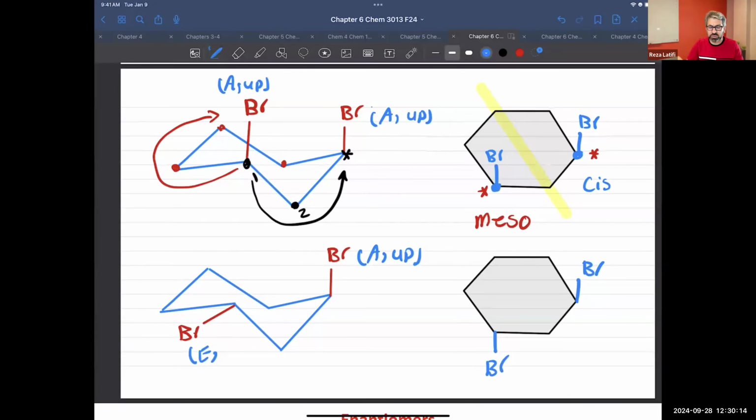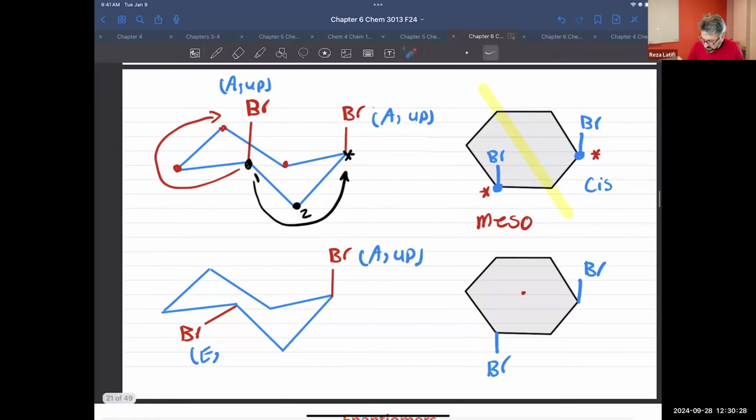Can I find a plane of symmetry? No, there is no plane of symmetry. Do I have an inversion center? No, I don't have an inversion center. How come we don't have an inversion center? Because if you had an inversion center there, you're supposed to see bromine here. And that's going to be the inversion center. And I don't see it. Do I have a plane of symmetry?